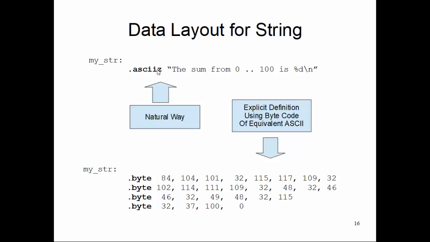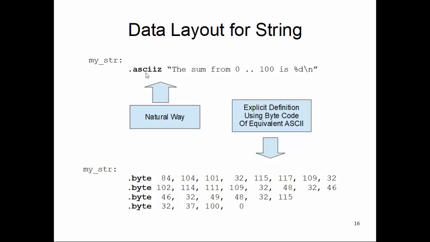Now come back to this .ASCIZ directive once more. This is a string here. You don't see the null character anywhere, right? The .ASCIZ directive automatically puts the null character at the end of the string. So after this carriage return character \n, it will automatically put a null character \0, and that will translate into a byte with 0 ASCII code.